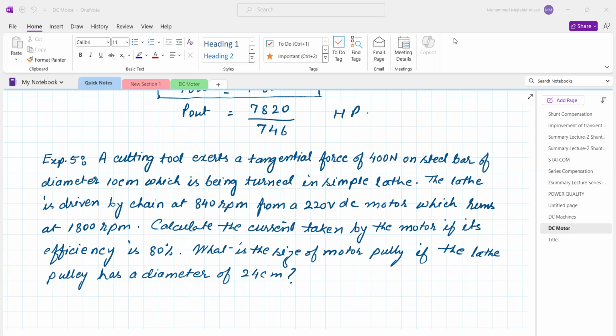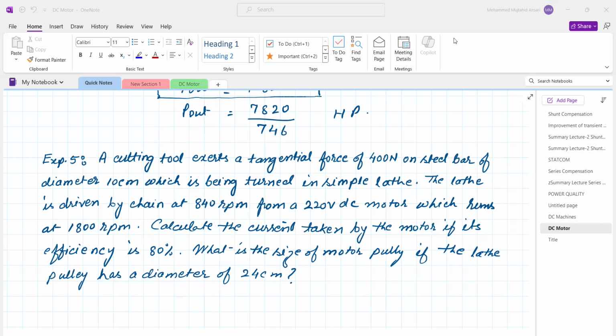The lathe is driven by a chain at 840 rpm from a 220-volt DC motor which runs at 1800 rpm. Calculate the current taken by the motor if its efficiency is 80%. What is the size of motor pulley if the lathe pulley has a diameter of 24 centimeter?